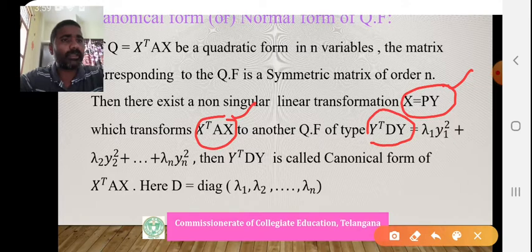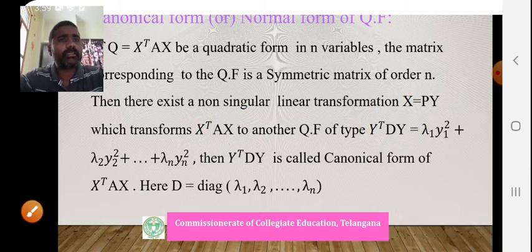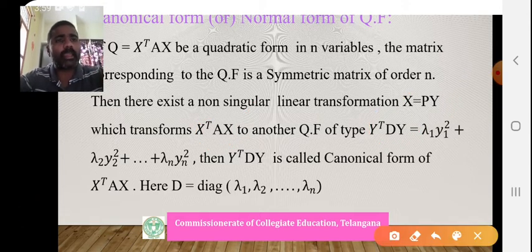Such a form y transpose Dy is called the canonical form or normal form of the given original quadratic form. That means the transformation x equals Py transforms x transpose Ax to y transpose Dy, a sum of squares. Only squares are present, there are no other terms.